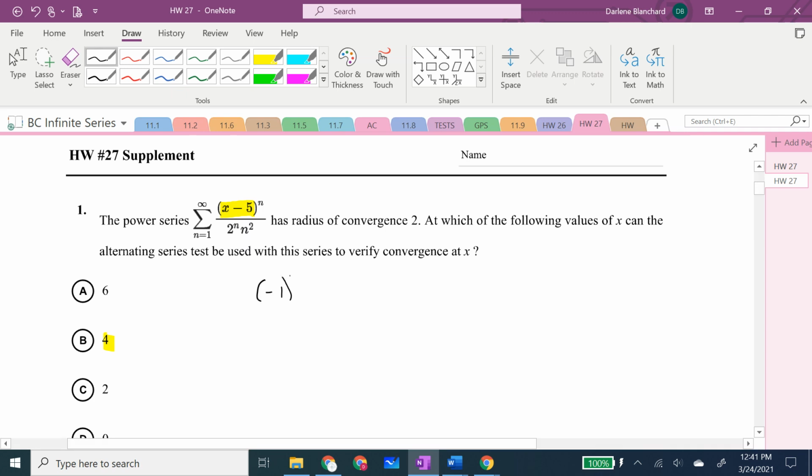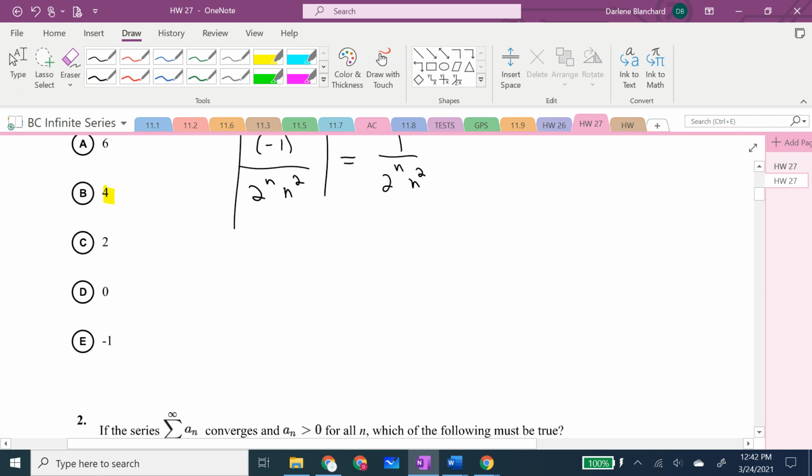And so if I plug in 4, I'm just taking a quick look at what I'm getting. Can I use the alternating series test? Yes. Is the absolute value of it decreasing to 0? Yes. So 4 works.